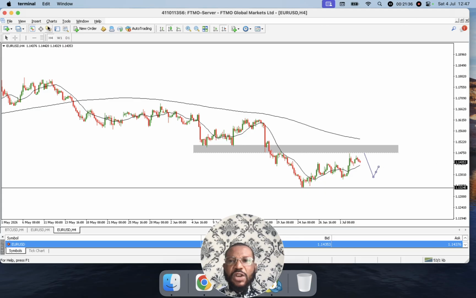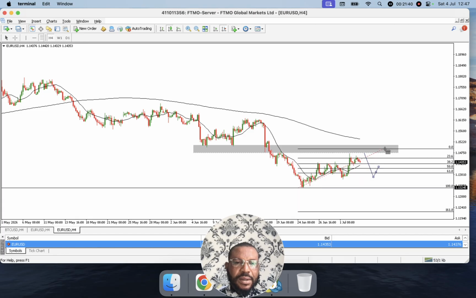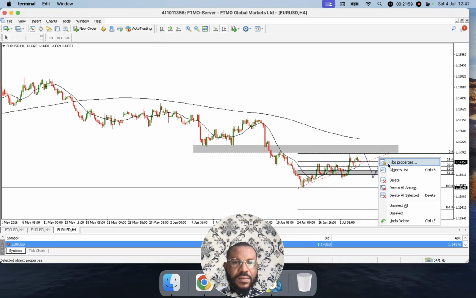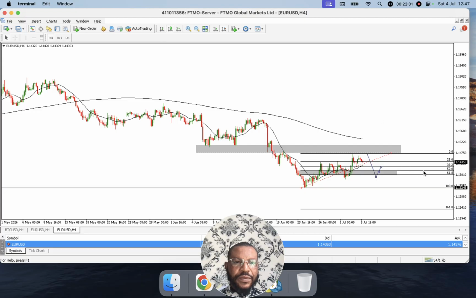So in the coming days, what I'll be waiting for on the Euro USD is a pullback. If I take this Fibonacci from here to here, I can see that I have a 61.8 at this point.